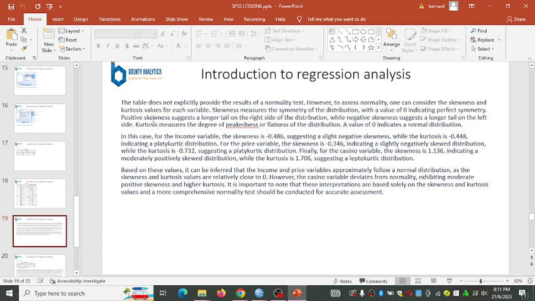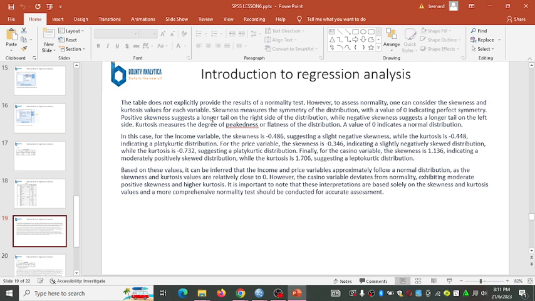If we have positive skewness, a value from 0 to positive infinity, it suggests that the distribution is concentrated more on that point, with a longer tail on the right side, while negative skewness suggests a longer tail on the left side.